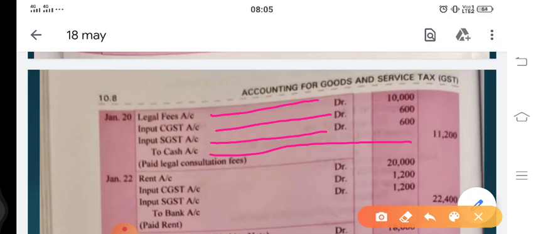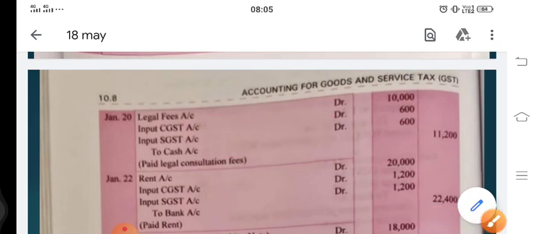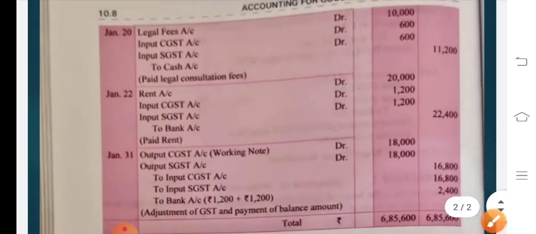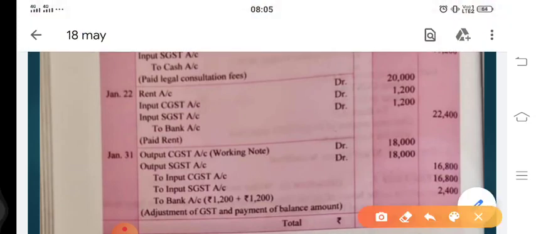The next point that we have is rent of rupees 20,000 paid by cheque. Now since we have paid rent, being an expenditure, it got debited.